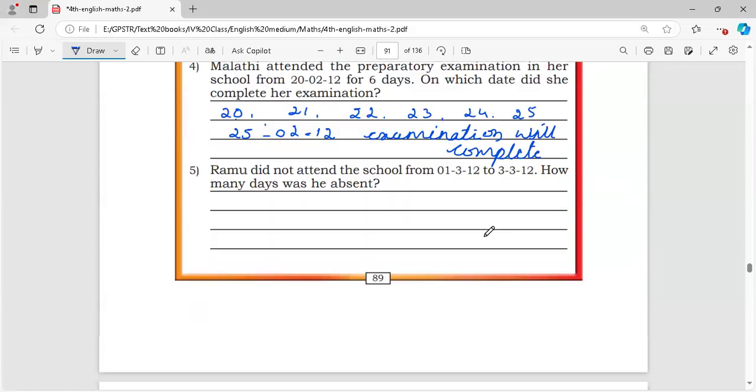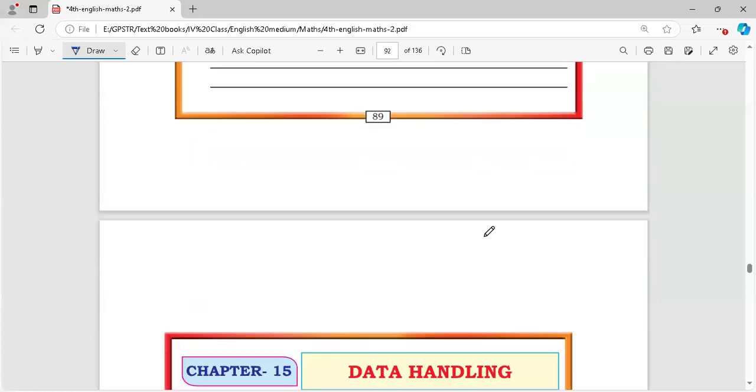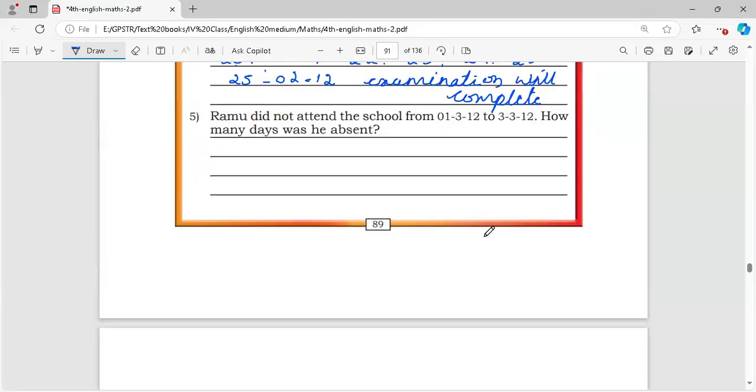Next, fifth one. Ramu did not attend the school from 1st March 2012 to 3rd March 2012.